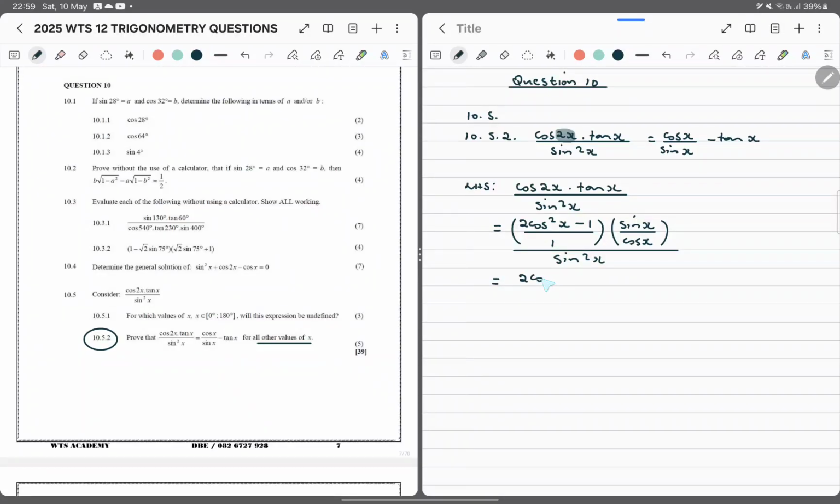So we're going to have 2 cos squared x times sine x over cos x minus sine x over cos x. This is a flip-flop. Yo, it's a flip-flop, this one.